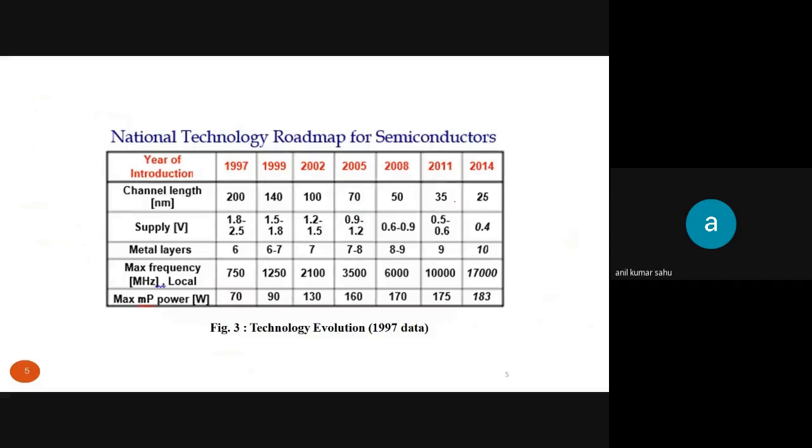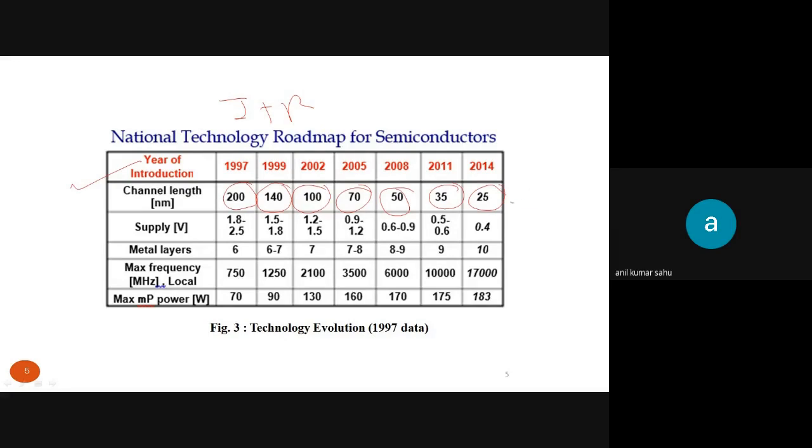Now this can be predicted by the National Technology Roadmap for Semiconductors, called ITR. If you talk about the earlier years, the channel length was 200 nanometers, then 70 in 2005, 50 in 2008, 35, and by 2014 it is 25.